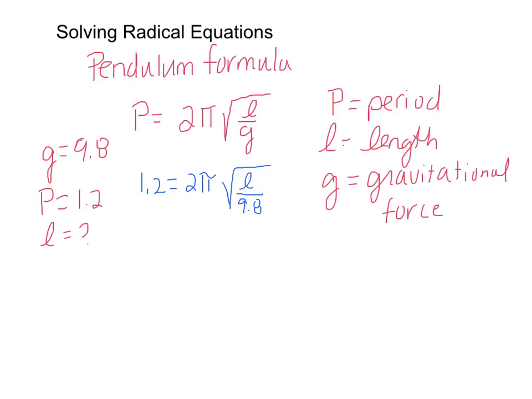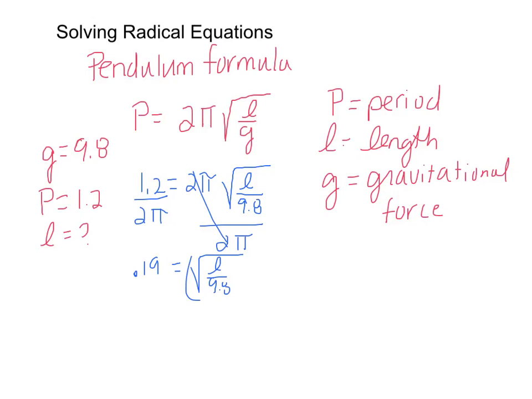Well, now you have to use your algebra in order to solve for L. First thing you're going to do is divide by that 2 pi because you want to get your radical by itself, okay? And so that's going to give us approximately 0.19, and that's equal to the square root of L divided by 9.8.